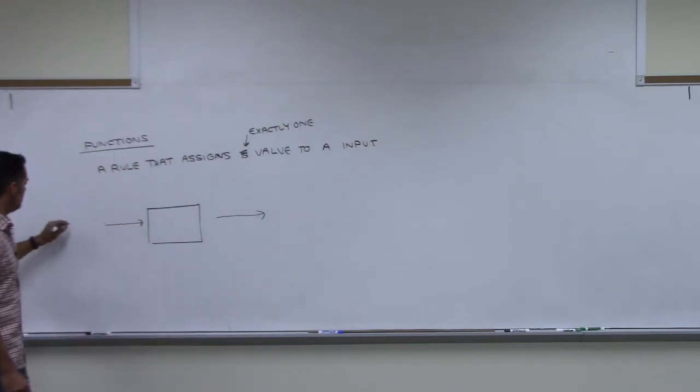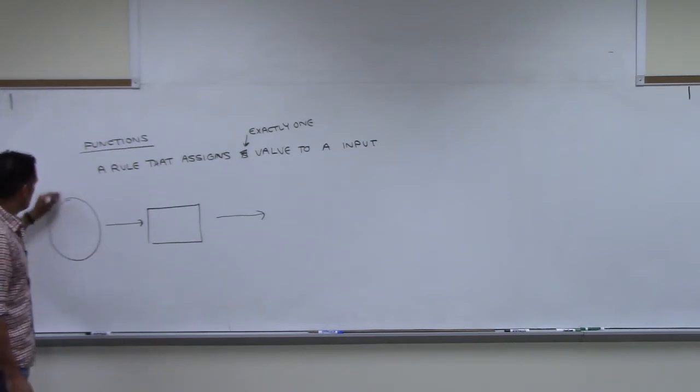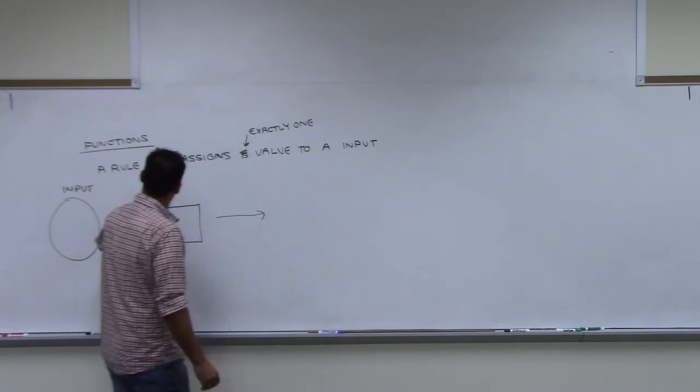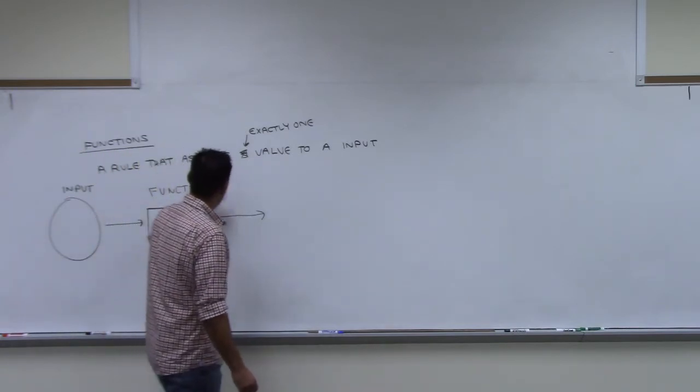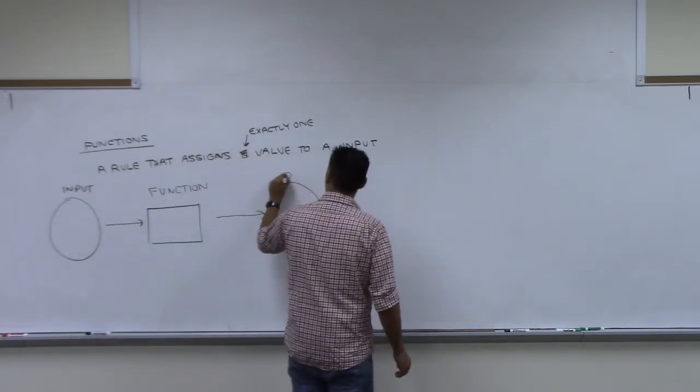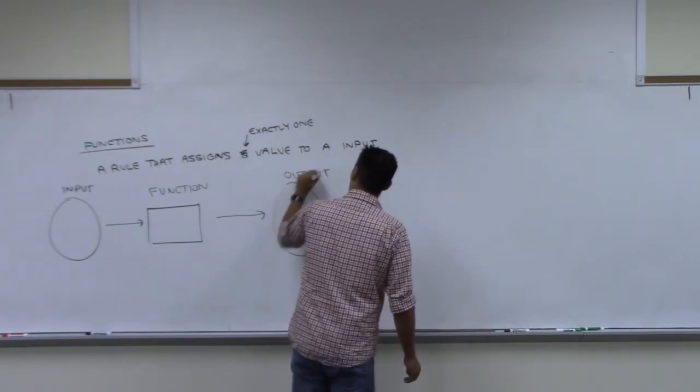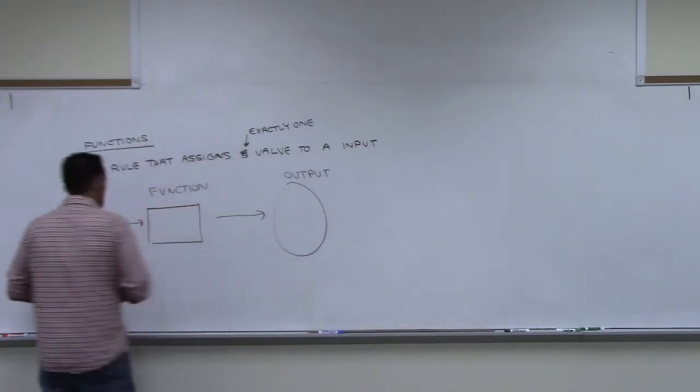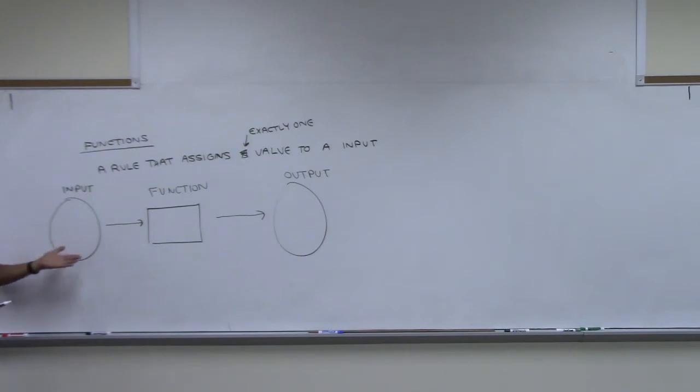Our input goes here, this is the function, and then the output. Normally, what we deal with in classes like this are functions that take in numbers and spit out numbers.